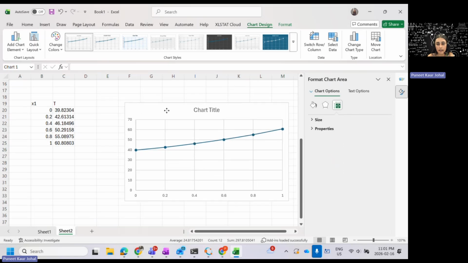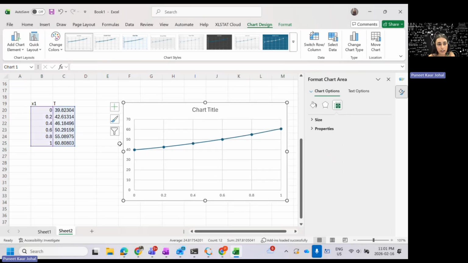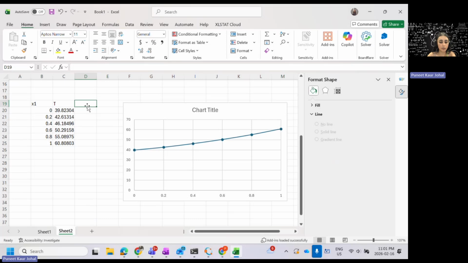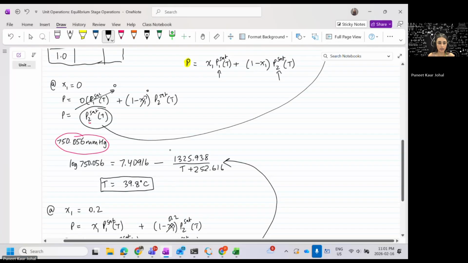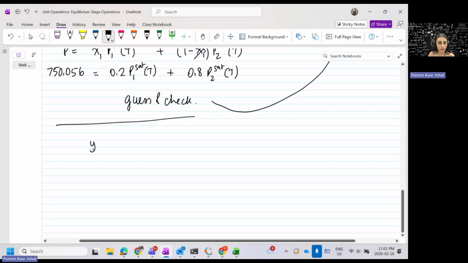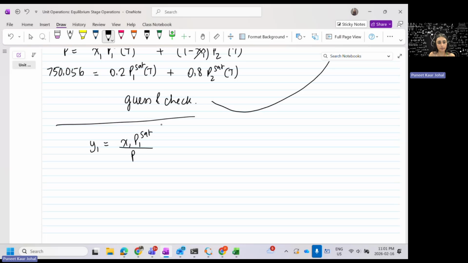And this is just the x portion of it. We can find the y portion. So y1. Once you have found your x's, the formula to find y1 is just x1 p1 sat over p.